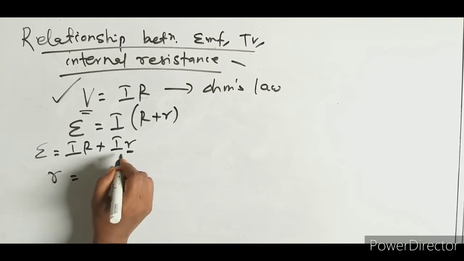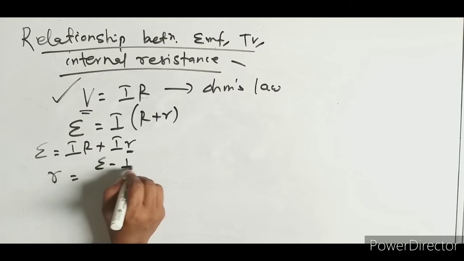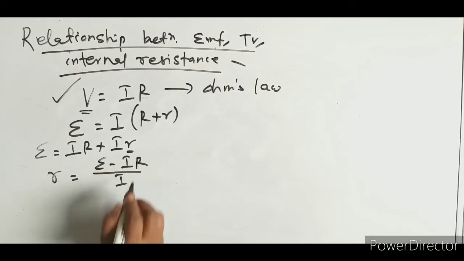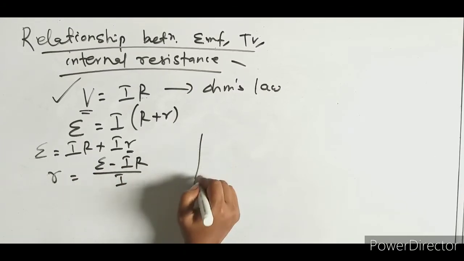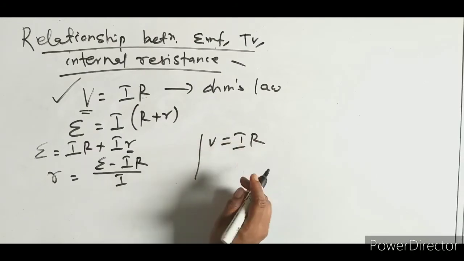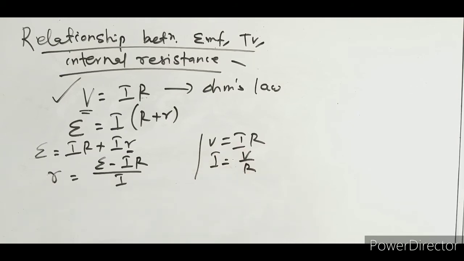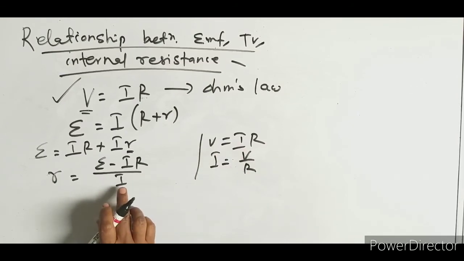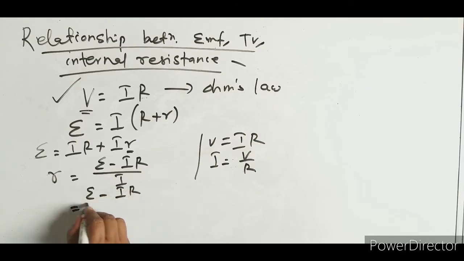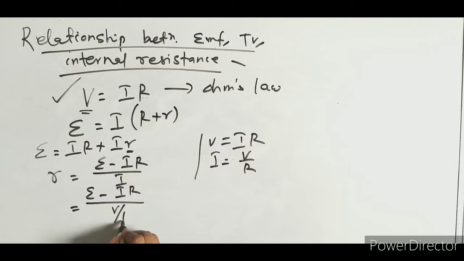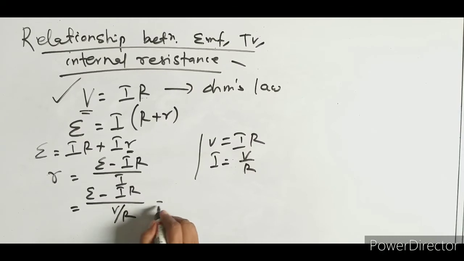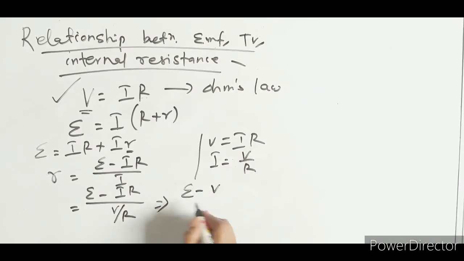So small r is equal to E minus IR by I. One thing is V equal to IR, so I equal to V by R. So in place of I, I can put E minus IR divided by V by R. What can it be?